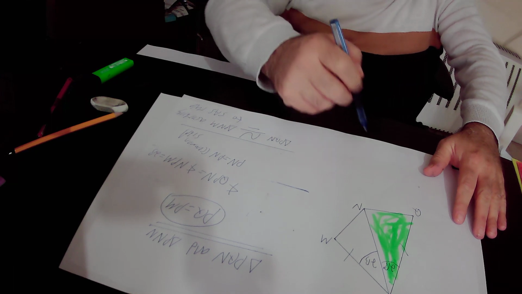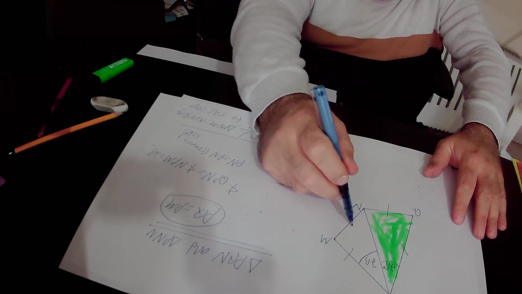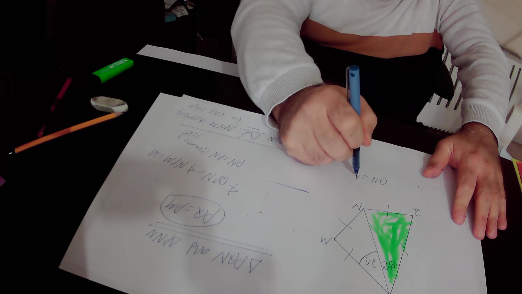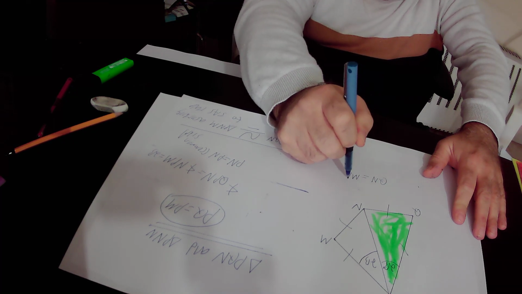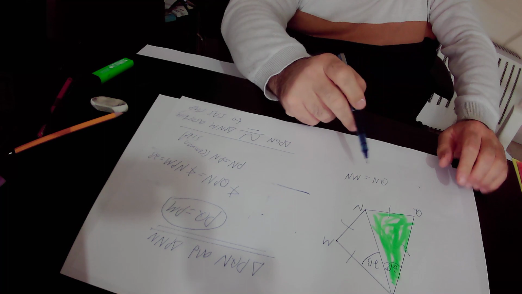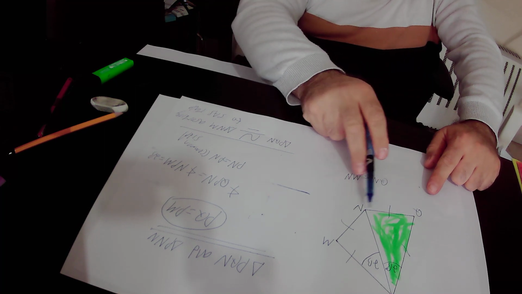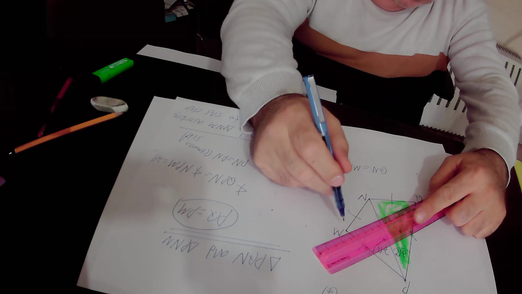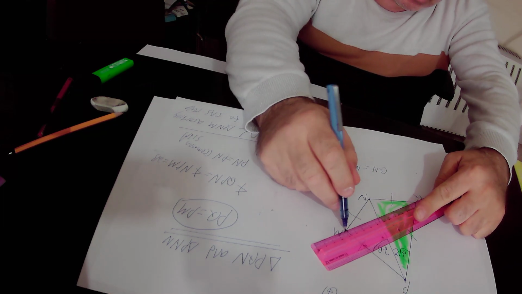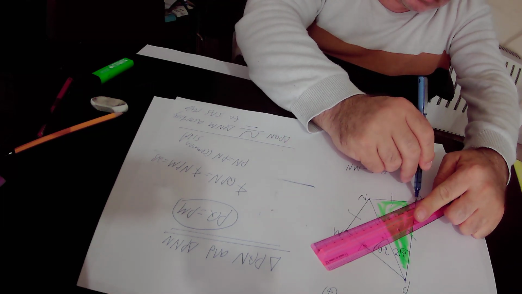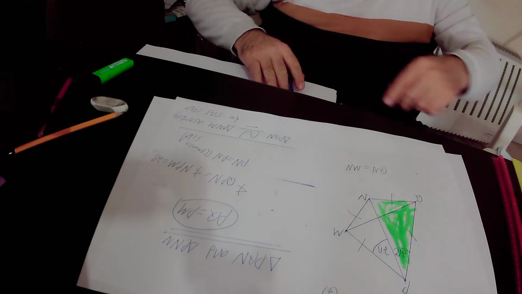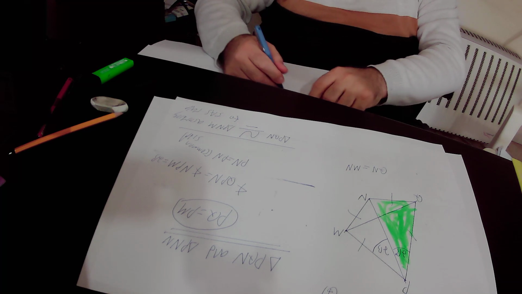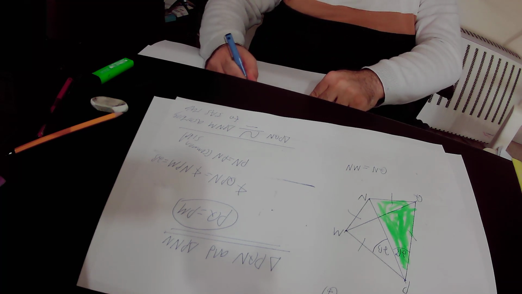And from the fact that those two triangles are congruent to each other, we will conclude that QN equals MN. So QN equals MN. So I will join points Q and M together by a straight line, and I will draw triangle QMN on a new page. So we have triangle QMN.